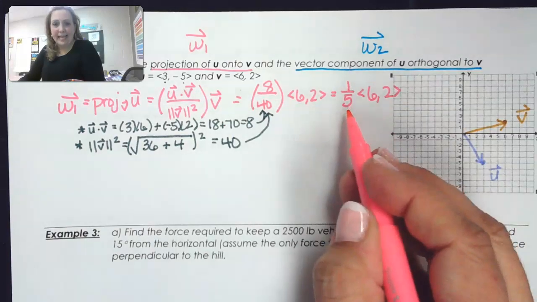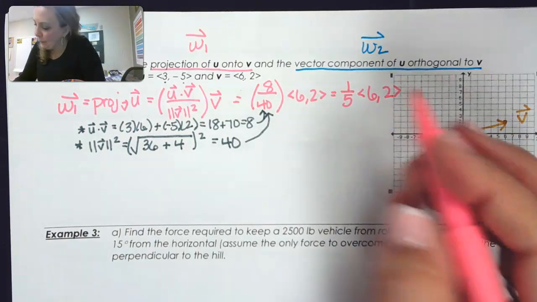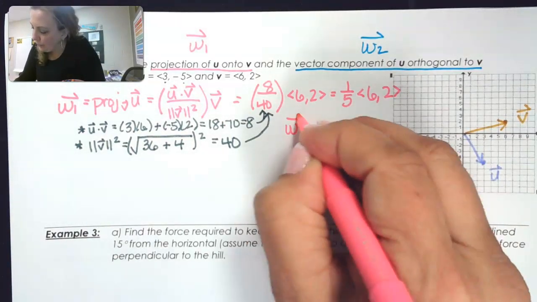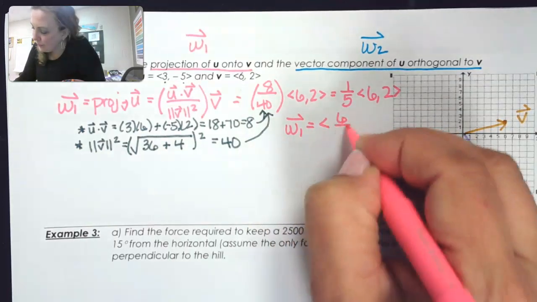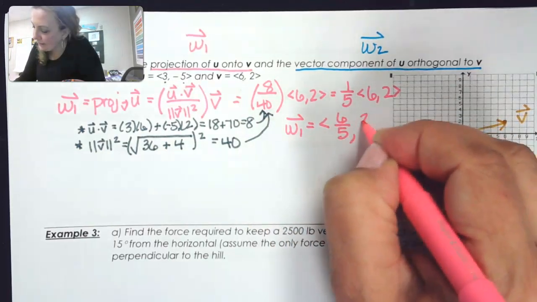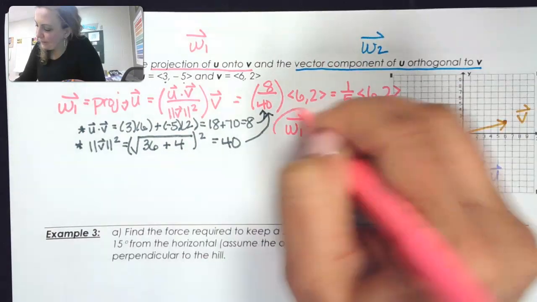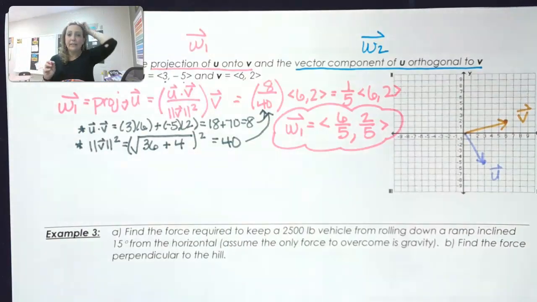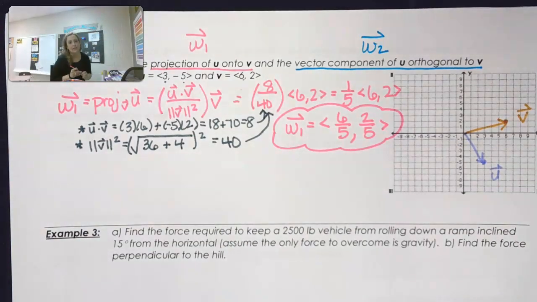And then we can apply that scalar to the other components. So our W1 is going to be 6/5, 2/5. And so that's how we can algebraically find that projection of U onto V. Hang on for the visual, okay? So that's the first thing.